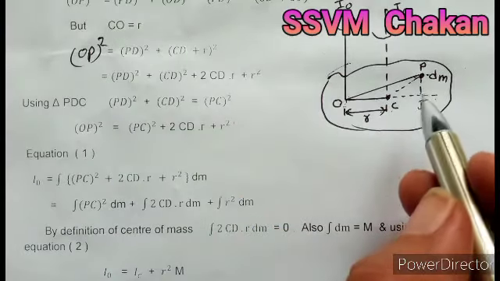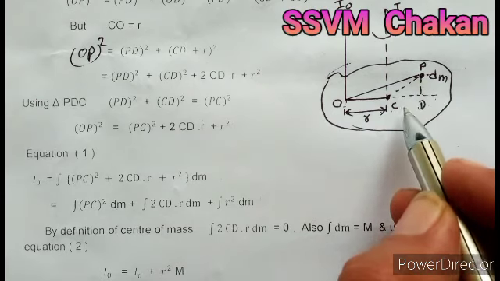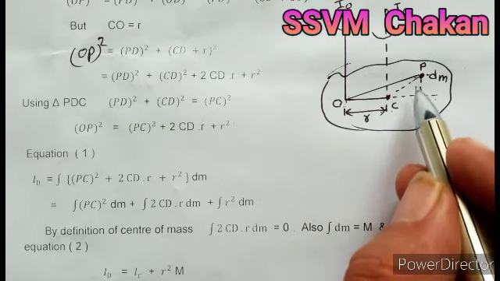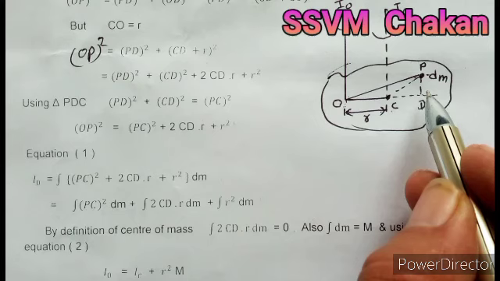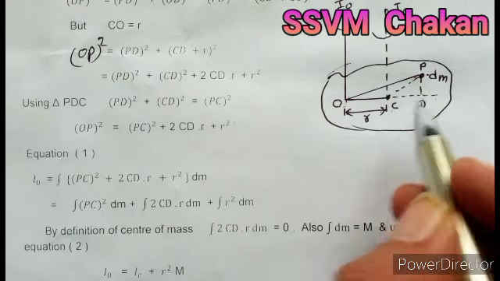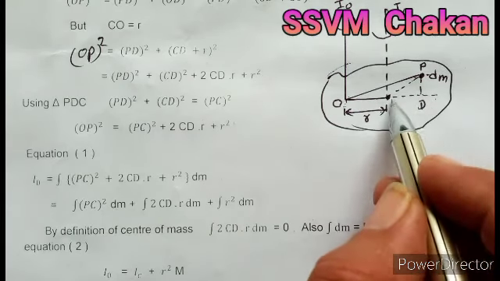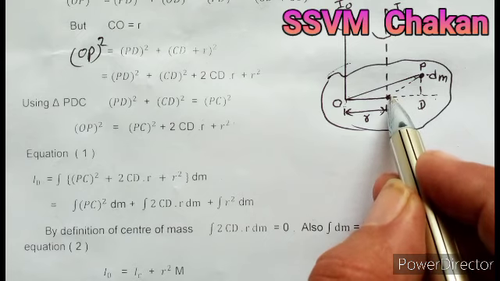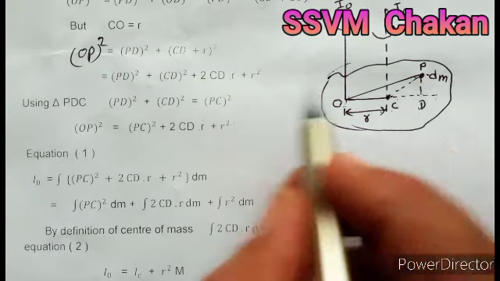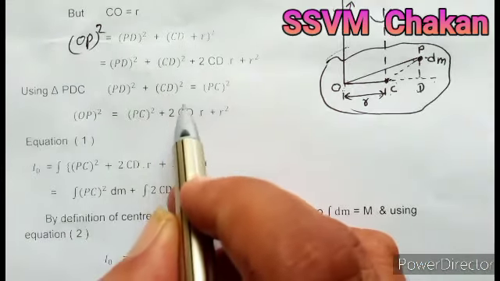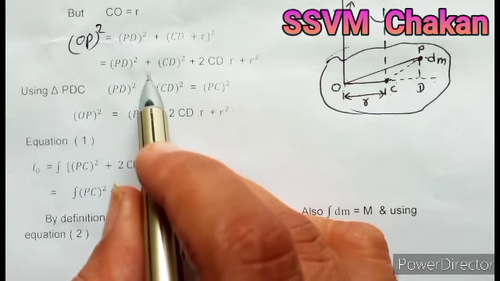Use a second triangle, PDC, and again apply the Pythagoras theorem. Applying the Pythagoras theorem, PD square plus CD square is equal to PC square. Substitute that value in the above equation.